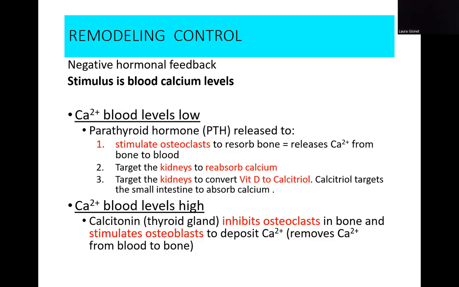Right. So we inhibit the osteoclast. Well, heck, now that we have an abundance of calcium, let's stimulate the osteoblasts to take that extra calcium and let's store it in that compact bone for later. So that when you have an excess of something, you want to fully pack in and store as much of that as possible for later.